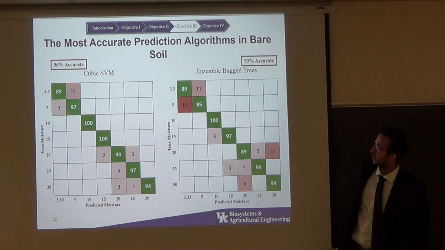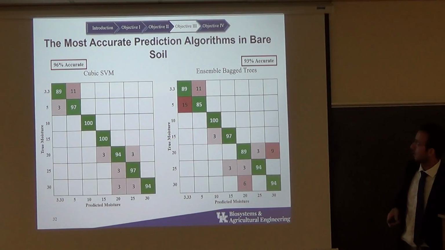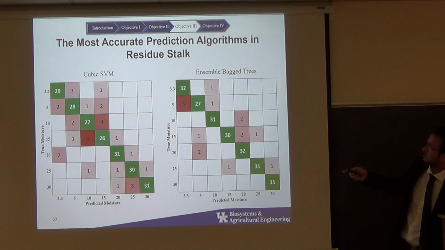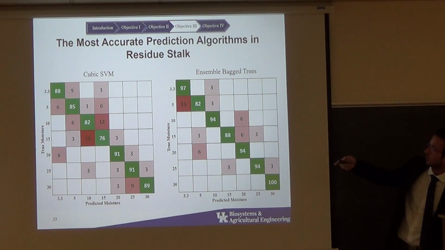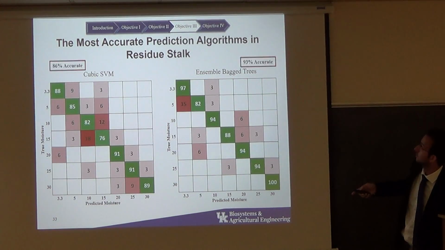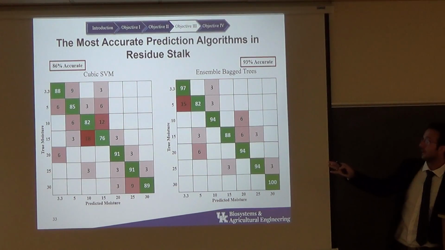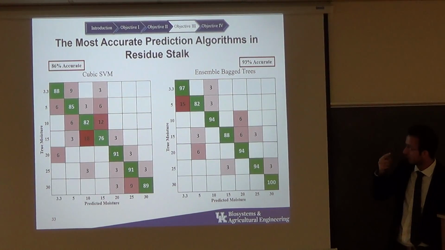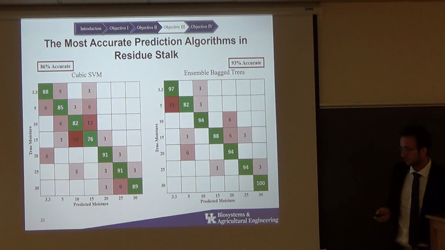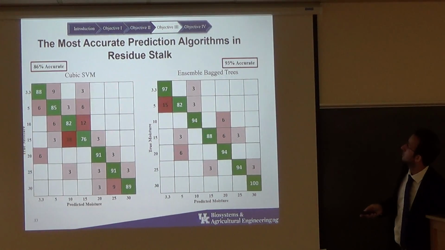The overall accuracy is over 90% for the bare soil, and the same for the residual stalk. But we have higher inaccuracy in the residual stalk because of its structure. Still, as you can see, the total accuracy is over 85%. It's very good prediction power.